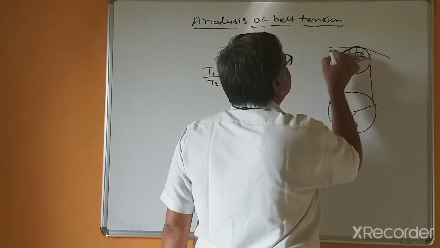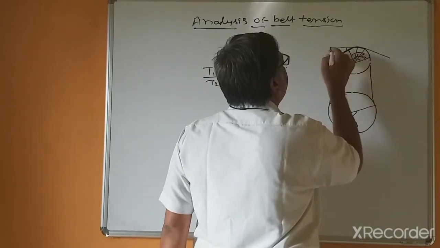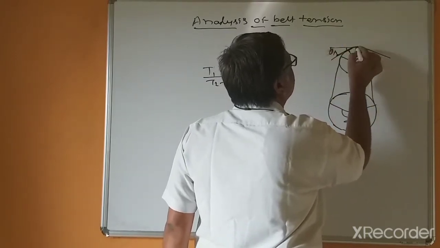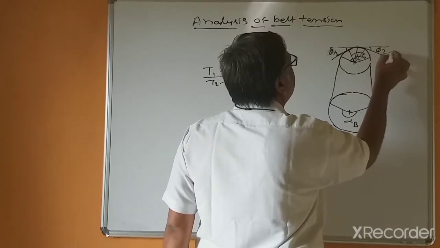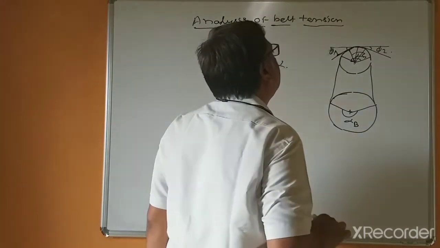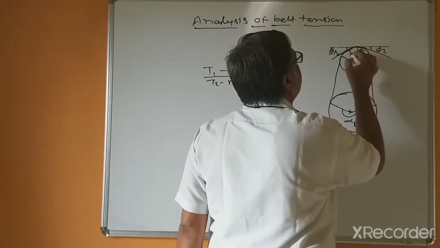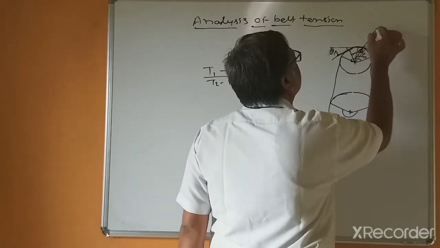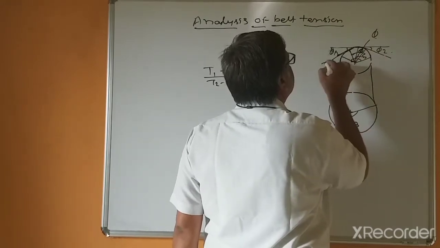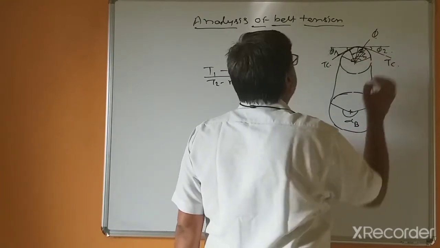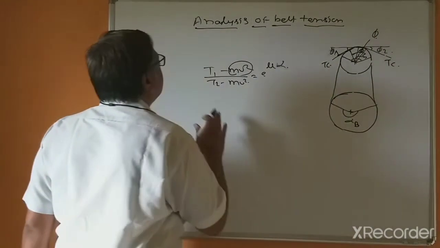So this is phi divided by 2, this is also phi divided by 2, and this is the total angle phi, and it is because of the centrifugal tensions. So Tc equals the centrifugal tension.